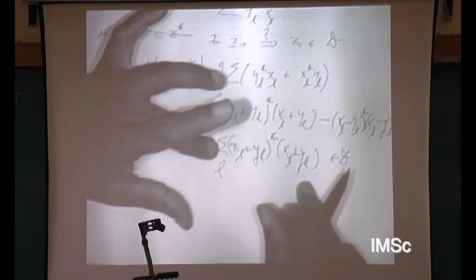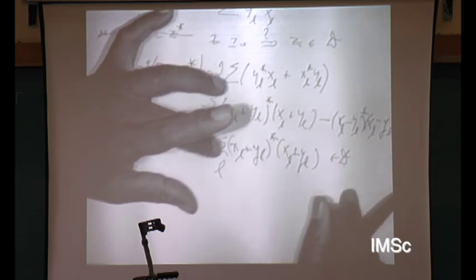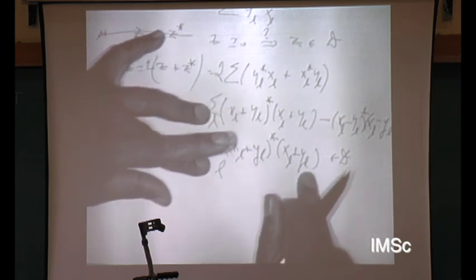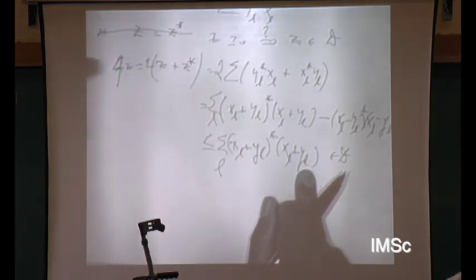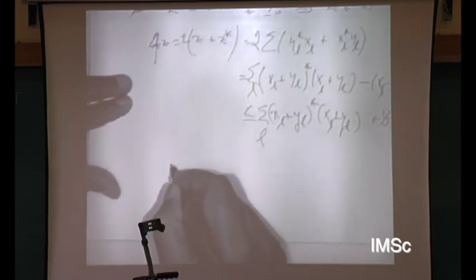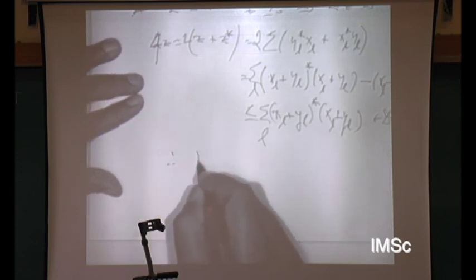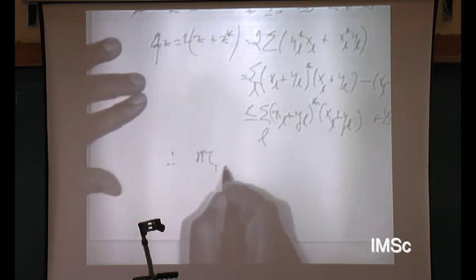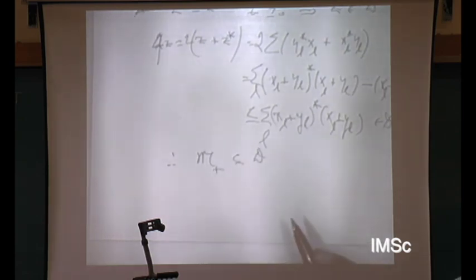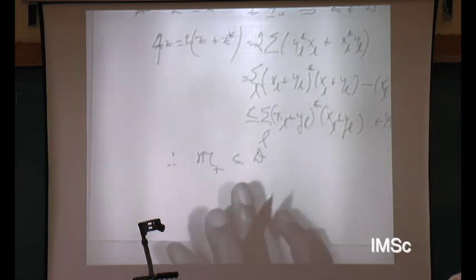That means that star that belongs to D. So this finite sum is again in D. And because of the hereditary property, Z must also belong to D. Therefore, we prove that M plus is contained in D. So D equals M plus.